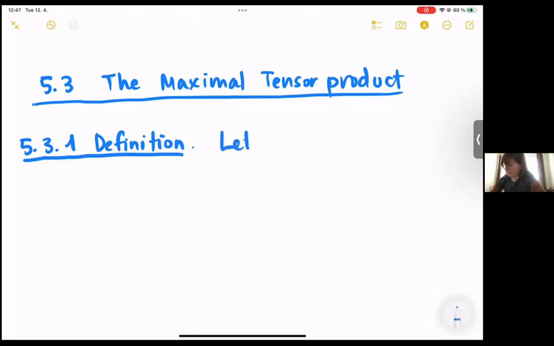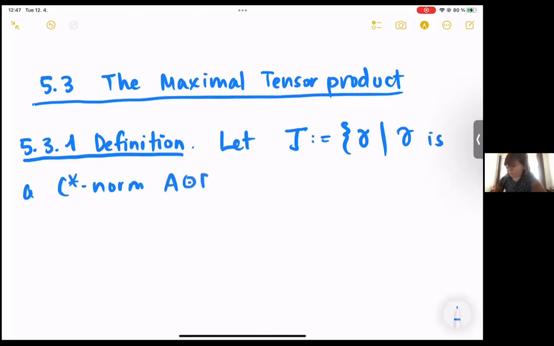So let's put curly T to be gamma, where gamma is a C star norm on A tensor B. So A, B here are C star algebras, of course. So this is the collection of all C star norms on our algebraic tensor product.